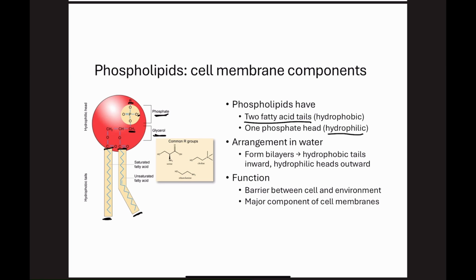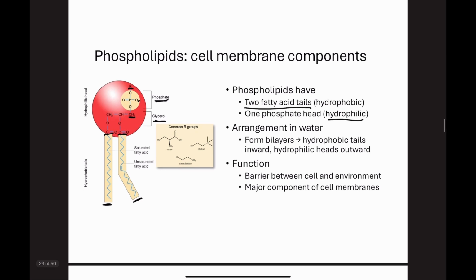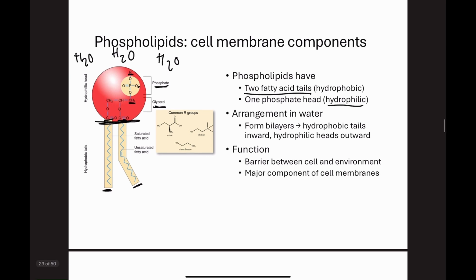phospholipids that we have. So when phospholipids are exposed to water, they form bilayers. And what happens in these bilayers is that we have our hydrophilic heads, which is what we see here, and they face out to the water. So here we just have a whole bunch of water molecules that are interacting with our hydrophilic head. And then we have our hydrophobic tails, and they face inward.